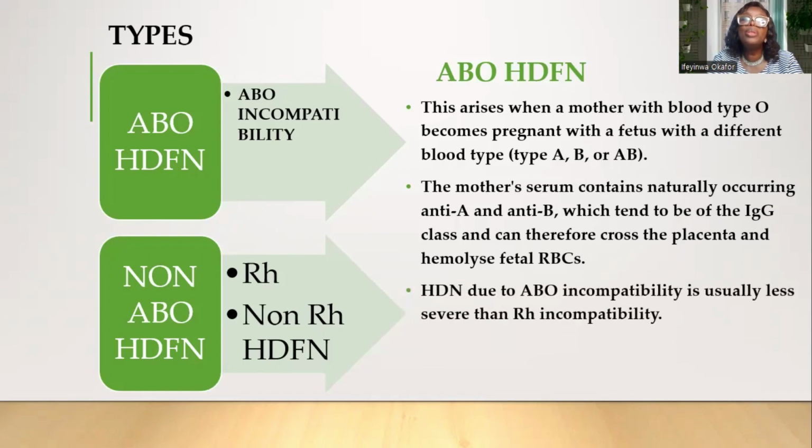HDN due to ABO incompatibility is usually less severe than Rh incompatibility. The reason is that, as we said when we did the ABO blood group system, ABO antigens are ubiquitously distributed. They are found in almost every part, tissue, and organ of the body, and even on the placenta wall.